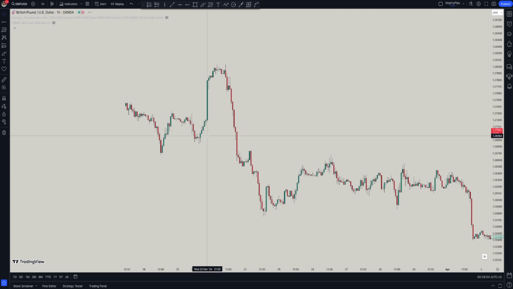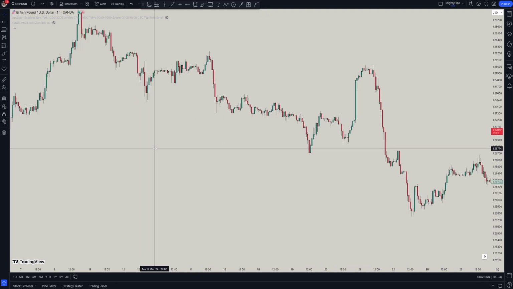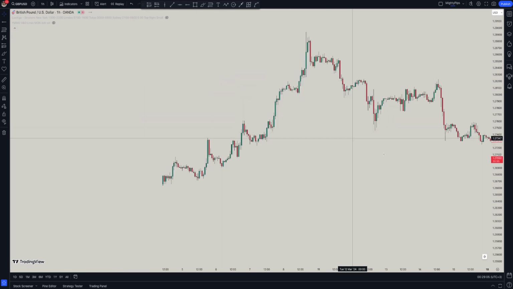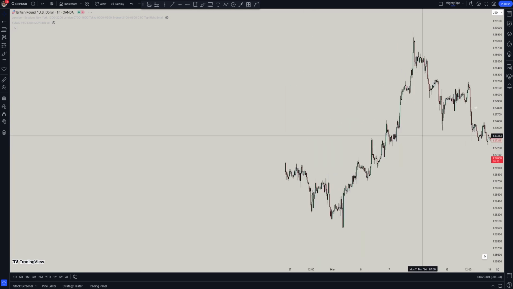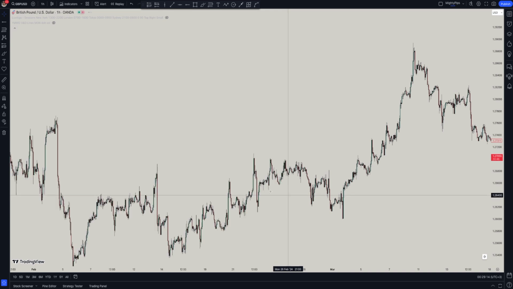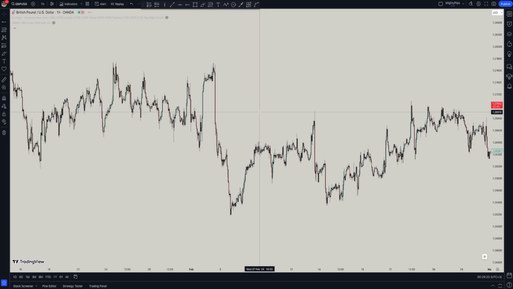Those patterns don't happen every day, but when you see them, they have a very high chance of playing out. So you look out for those patterns. Those are not the only patterns that exist in the FX market, but those are the ones that I've seen to be very profitable for a struggling trader who is struggling to make ends meet.